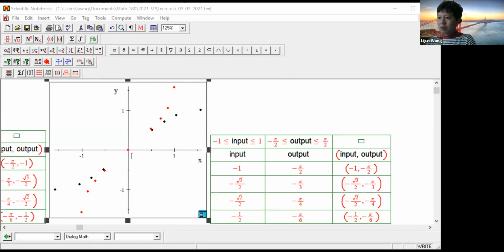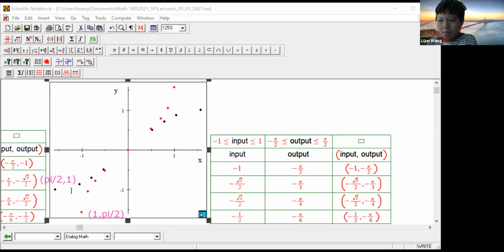Over here, this black one was pi over 2, comma 1. This red one is 1, comma pi over 2. Do you guys see that?